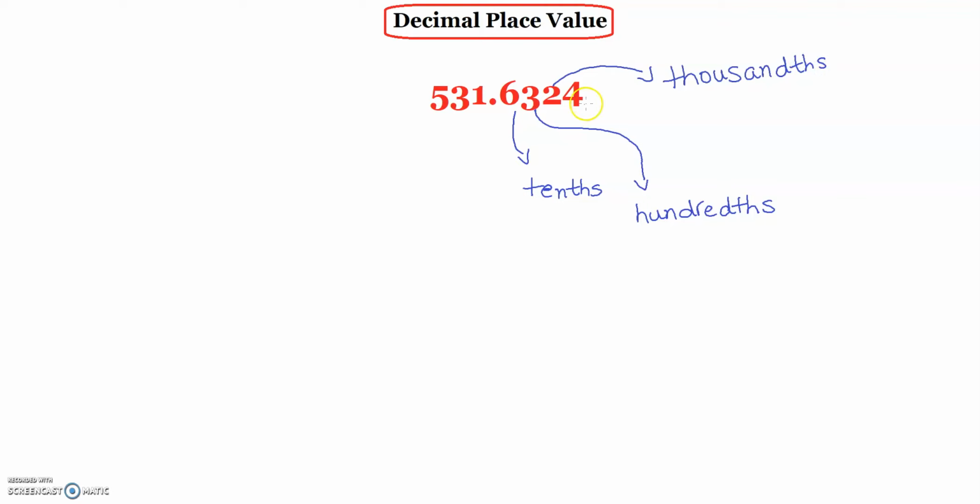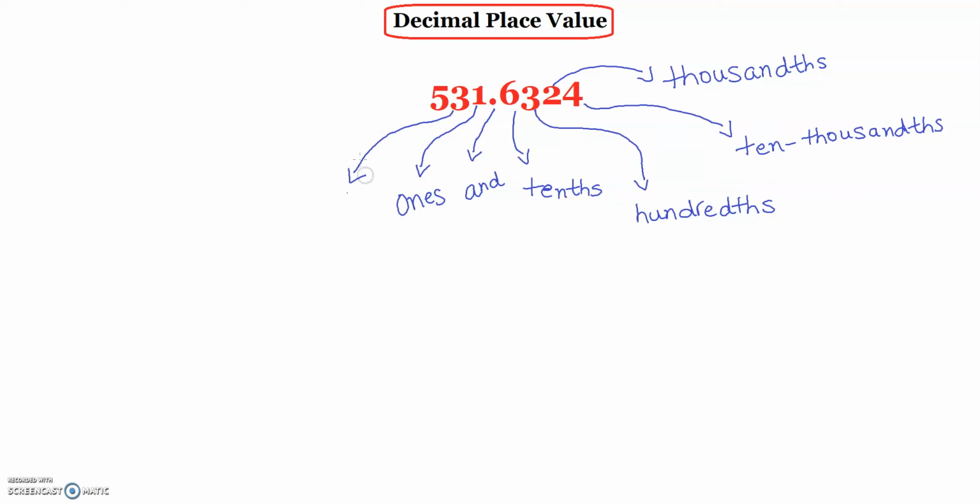And the last one, which is this one, is called ten-thousandths. And we have a decimal point, we call it "and." The digit before the decimal point, we call it ones.